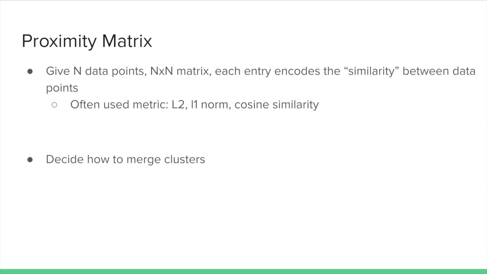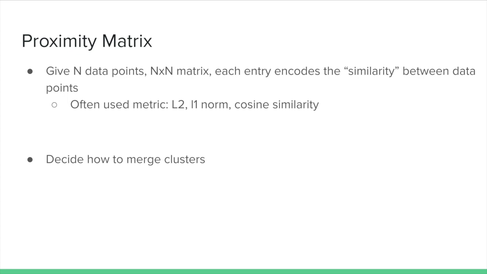And next, before we dive into the algorithm, there's another important notion that I want to mention. It's the proximity matrix, which is kind of like what we've learned before. Given n data points, this is an n by n matrix where each entry encodes the similarity between data points, or as we learned before, a distance.